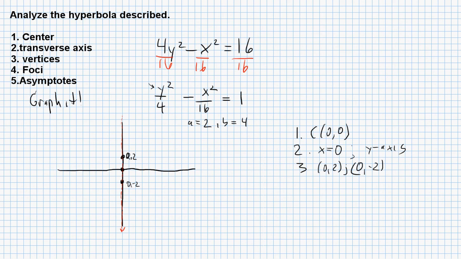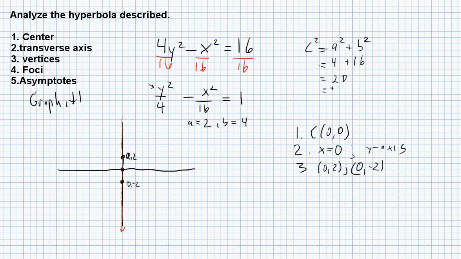Well, the focal points we can get from the equation c squared is equal to a squared plus b squared. A squared is 4, b squared is 16. So c squared is equal to 20.